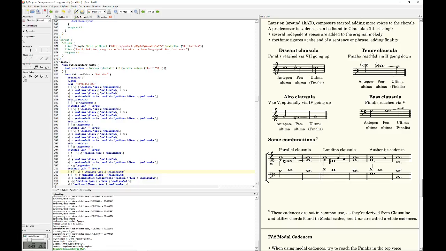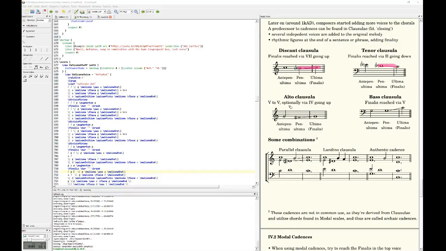These clausulas didn't have to be actually in the tenor or soprano voice, but it's more important how they reach the final note. So you could find a discant clausula also in a tenor voice or even in a bass voice. And those were the prevalent clausulas of closing phrases or sentences.